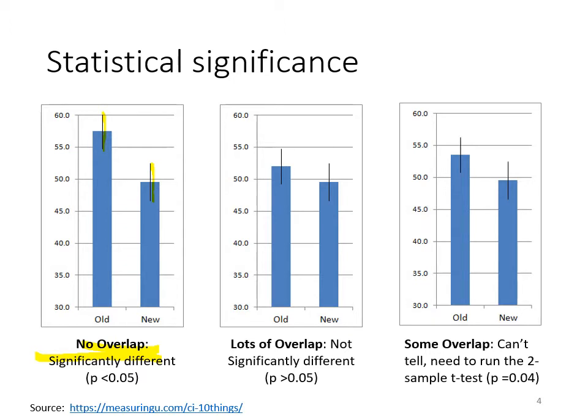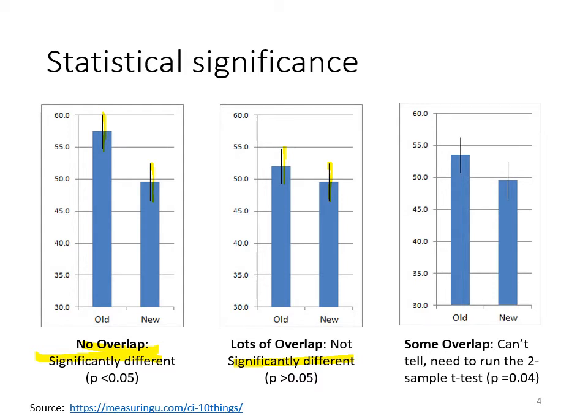Now, if we look at the graph in the center, what we see is that there is significant overlap. So there, we probably can make a reasonable assumption that the averages are not significantly different.